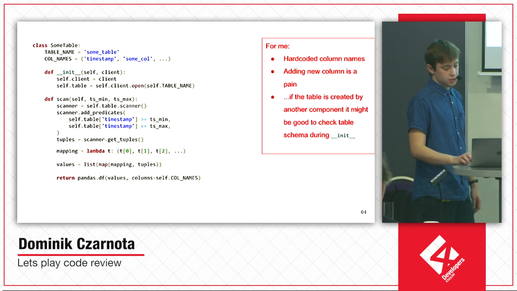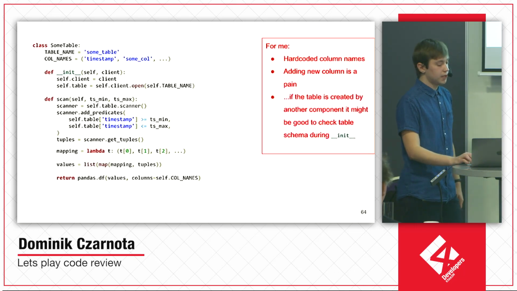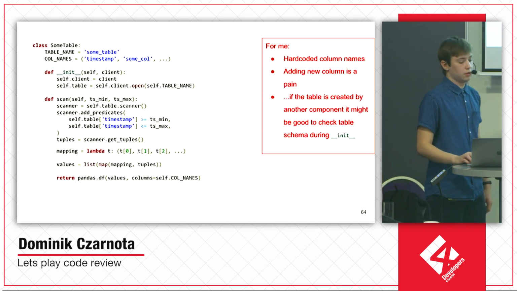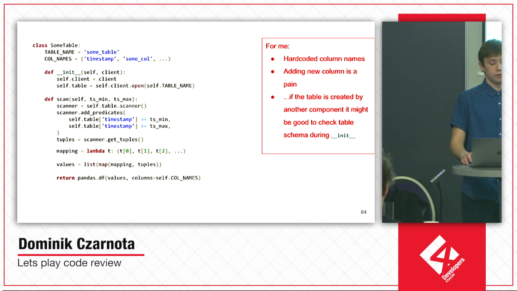Another thing is, if the table itself is created by another component, like another process or whatever, you probably want to check the table schema during init. It might be good to do so, for example, only in debug mode, because you want to test it in your tests, for example.